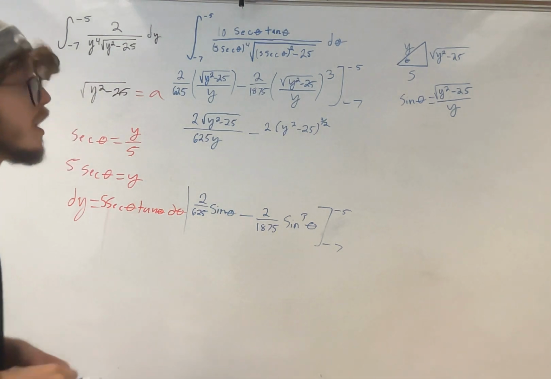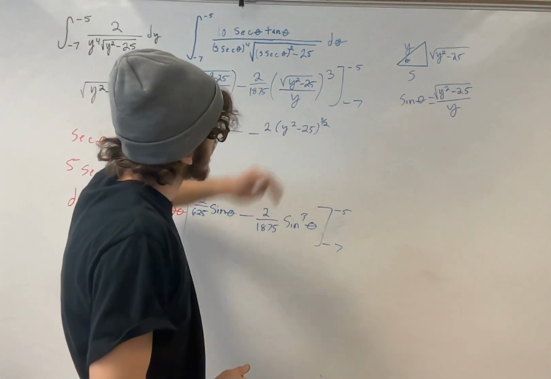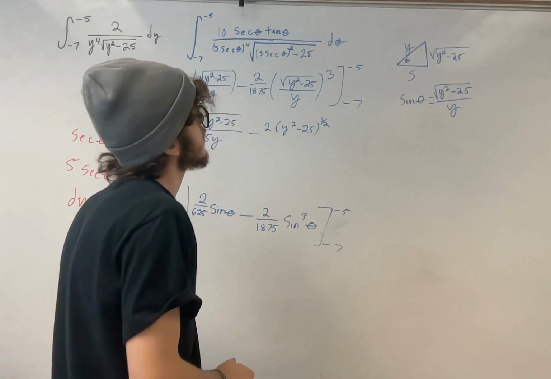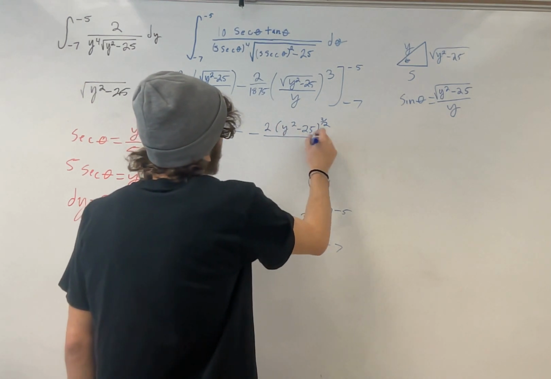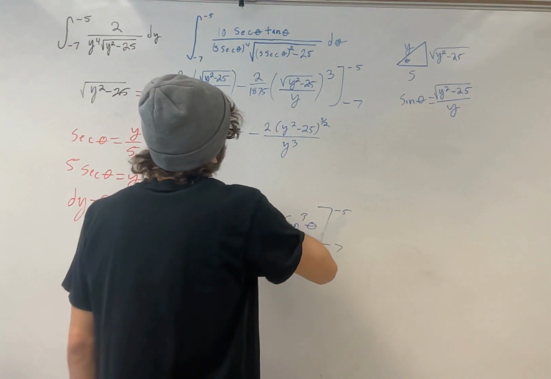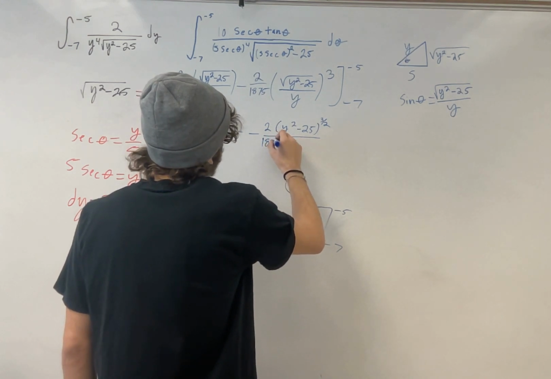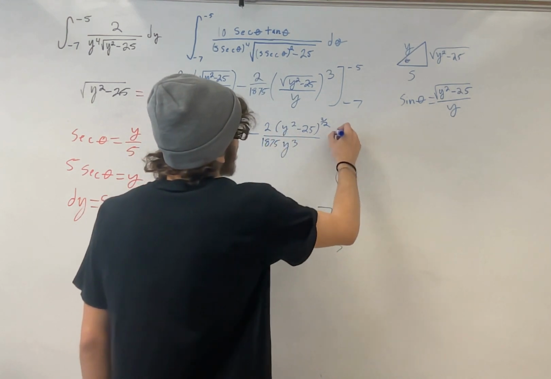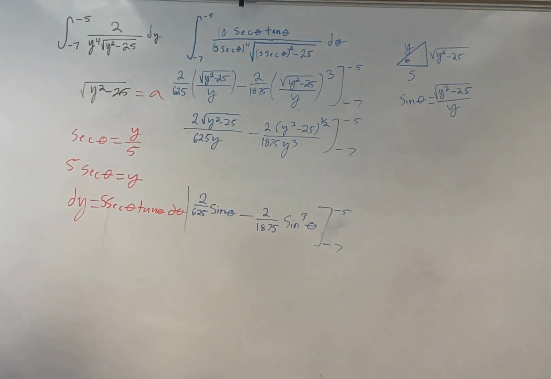Right, because this is to the 1/2, times it by 3. You add it 3 times to itself, it's going to be to the 3 over 2. And then that's going to be over y cubed times 1,875. And we evaluate this at -5, -7. Okay, so that's my work there.